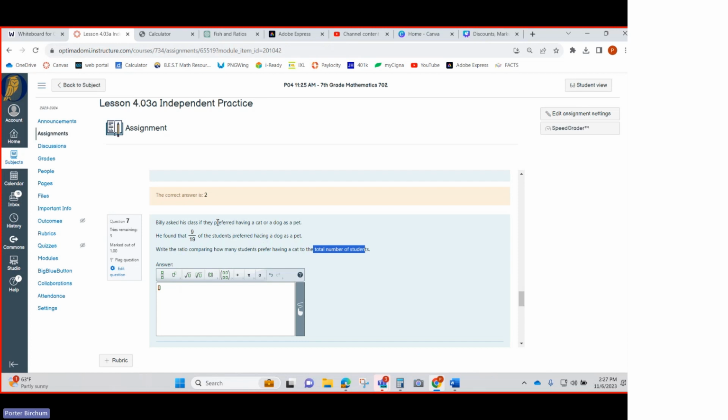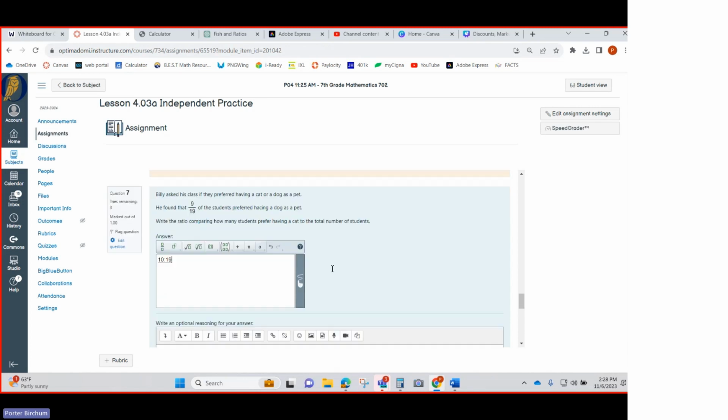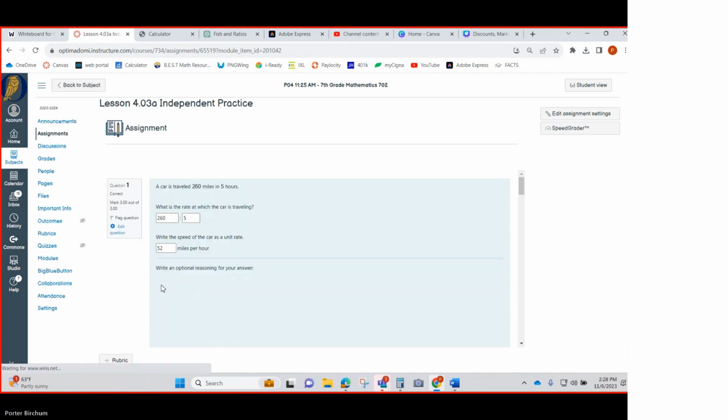It's all the leftover ones. So if 9 of them like dogs, everyone that's left likes cats. So if 9 of 19 voted one way, how many are left? Yeah, 10. 19 minus 9 is 10. So 10 like cats. And then what was the second number? Cats to the total number of students. So how many students are there? Oh yeah, 19.